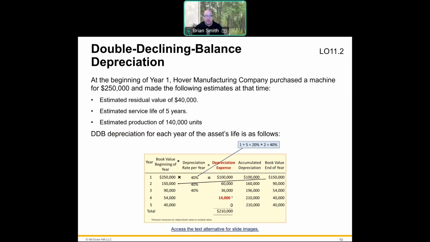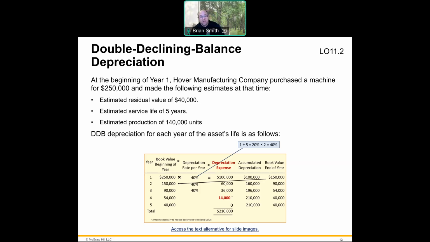But instead of taking it based on the depreciable cost, we're doing it on the book value of the asset at each year. So in the first year, 40% of book value of 250,000, we're going to depreciate 100,000. That's going to leave us $150,000 of book value at the end of year 1. Beginning of year 2, we're going to take 40% of 150,000, which is going to be a $60,000 depreciation expense.